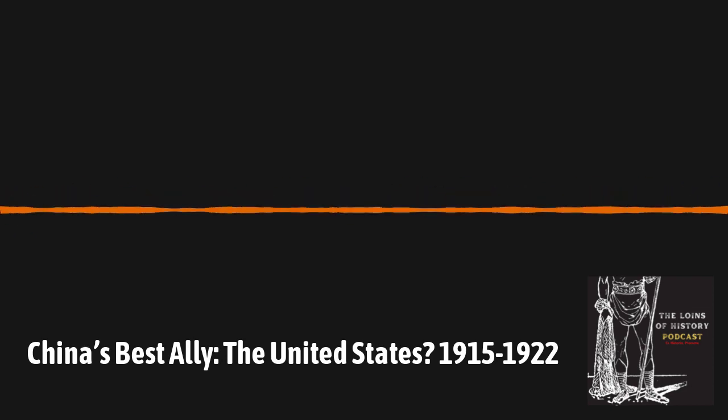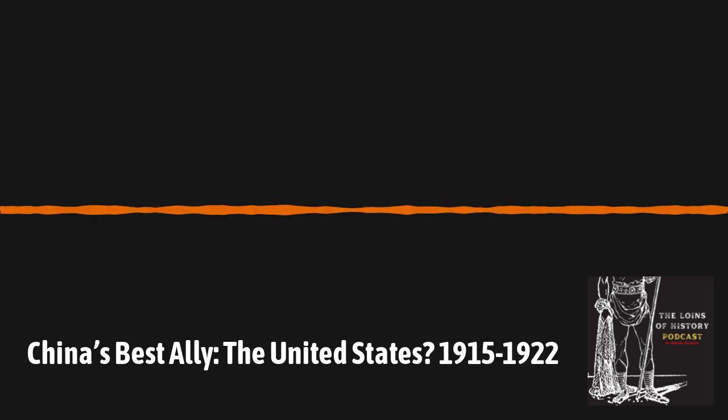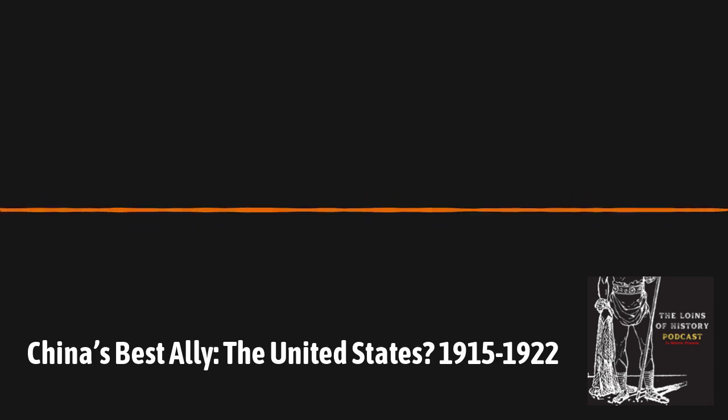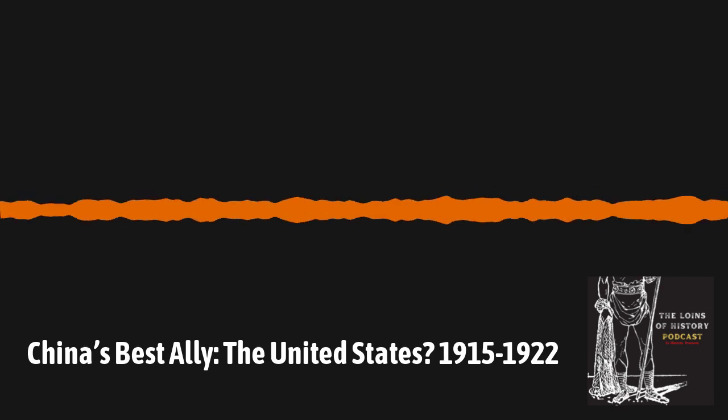So Jay, with that being said, what are some of the key takeaways? Yeah, thanks, Colin. This episode is going to cover two large categories of events that changed the dynamic between China, the U.S., and Japan.